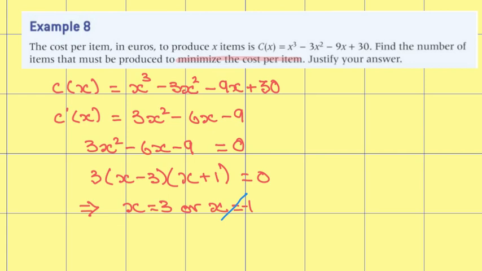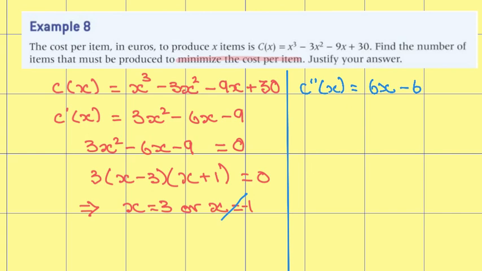In order to do so, we need to take the second derivative and prove that the second derivative gives us a minimum at x equals 3. If we differentiate C dash of x, we get C double dash of x is equal to 6x minus 6. We need to prove that this is a minimum when x equals 3.